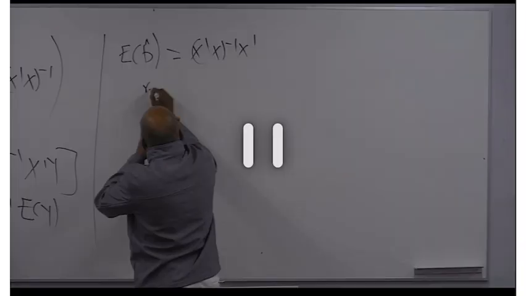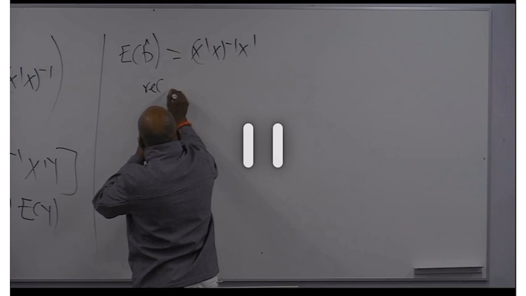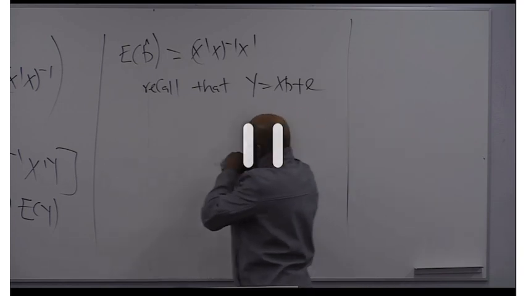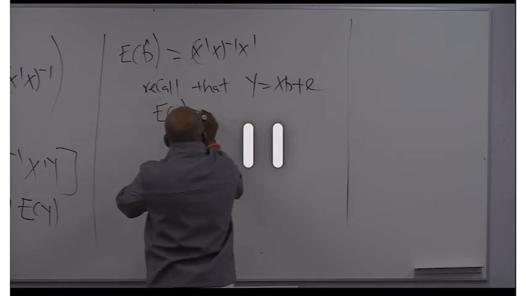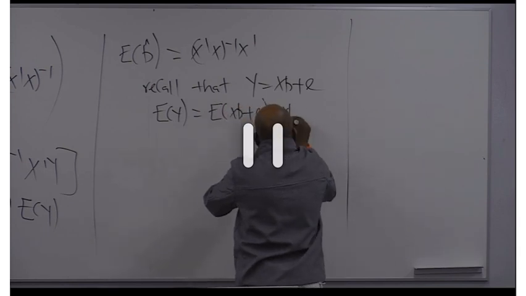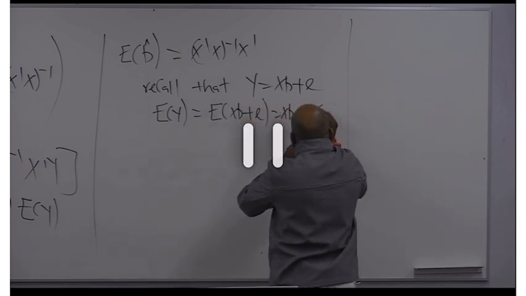The expected value of y is this, and the error is assumed to have mean 0. So the expected value of y is xb. Because of that, I'm going to write xb here to replace the expected value of y.